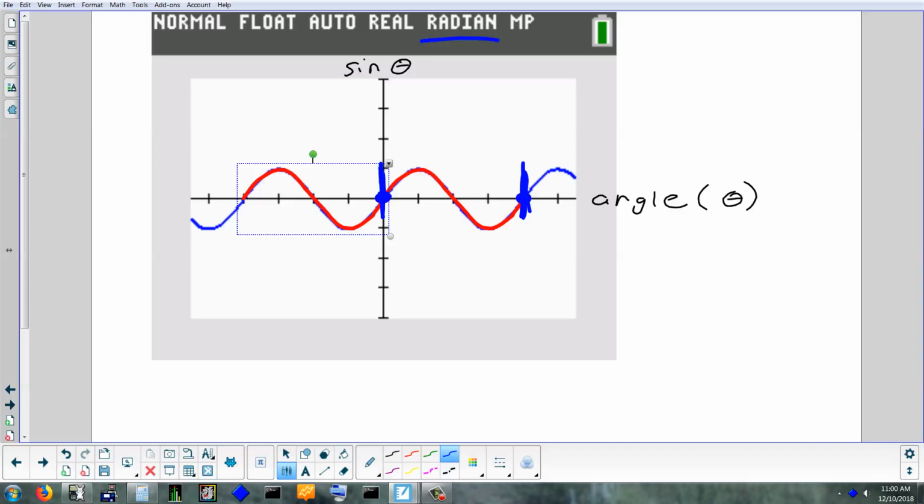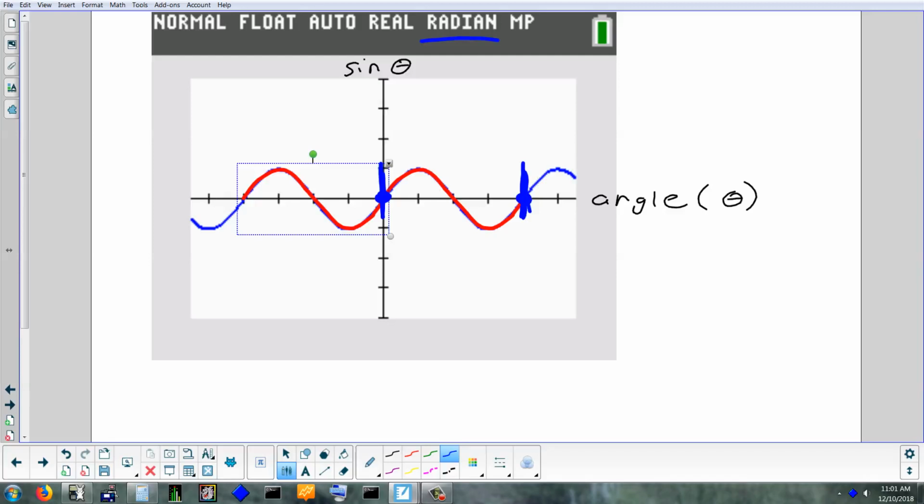Does anyone remember, in a circle, how many radians to go all the way around the circle and get back to exactly where you started? Katie? Is it 2? Close. Yep, 2 pi. So that's what's happening here. You're starting here, going along that wave, and now you're back exactly where you started.